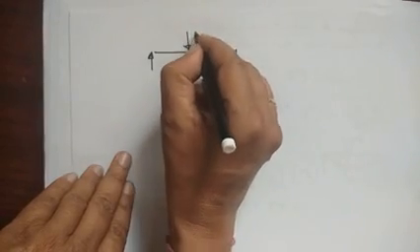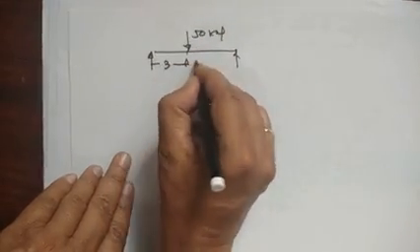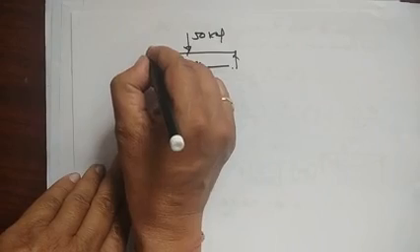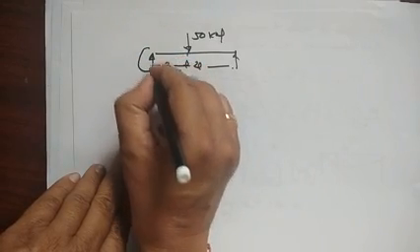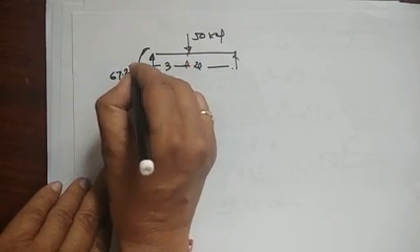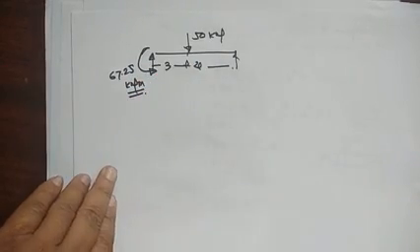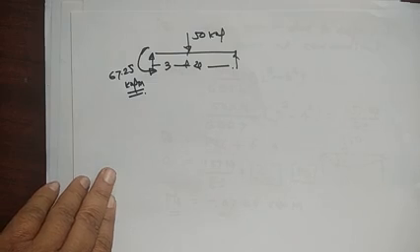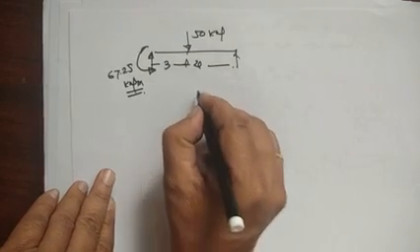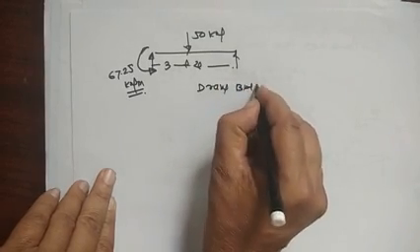This is the load of 50, this is 3 meter and this is 4 meter. So we got this value of MA, 67.25. Now draw the BMD here.